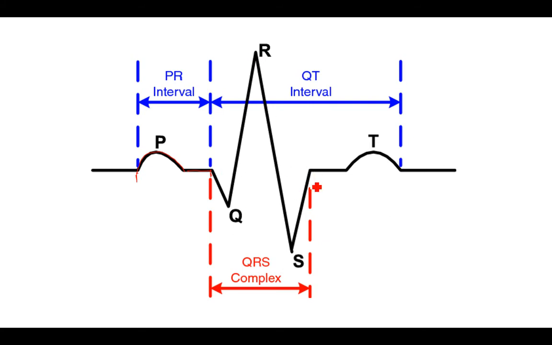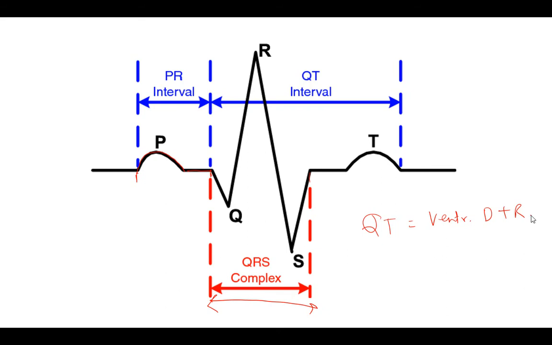The QRS complex is from the beginning of Q to the end of the S wave, and it is ventricular depolarization. And lastly the QT interval, which is ventricular depolarization plus repolarization.